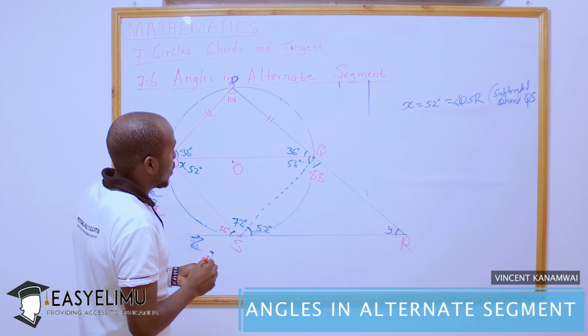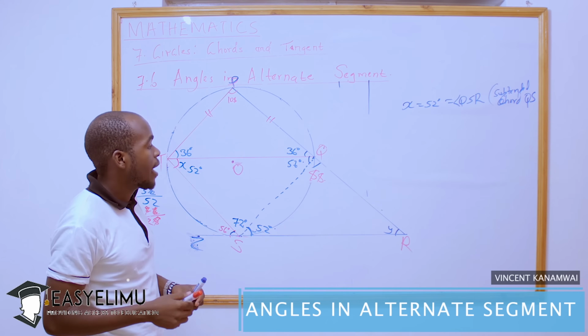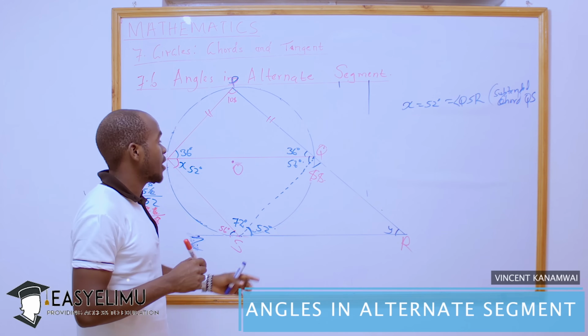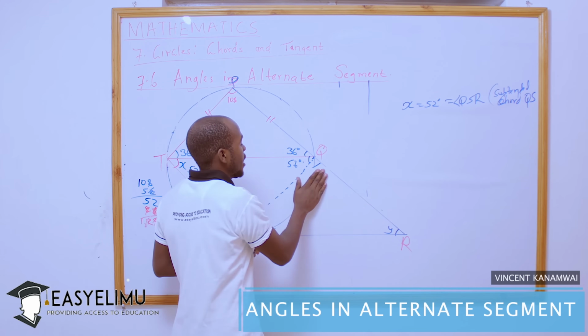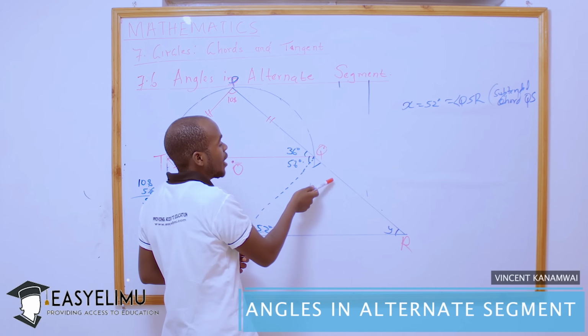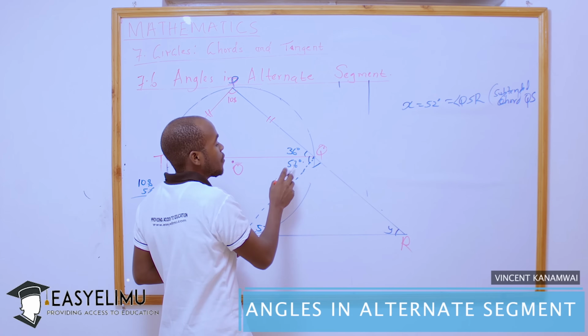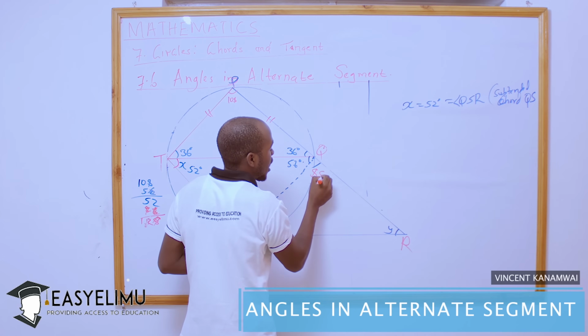We have said that angles on a straight line add up to 180 degrees, especially when they are adjacent. So you take 180 degrees of the total angle at this point, then you subtract 56 and you subtract 36.